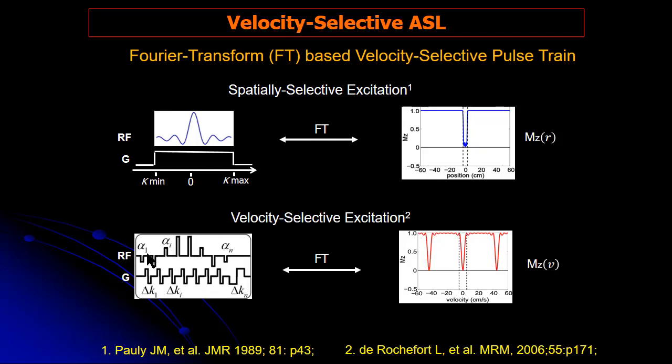The concept of velocity-selective excitation was proposed to digitize this sinc RF train and use bipolar gradients to encode the velocity k-space. There you can get a thin velocity-selective profile, but with aliasing sidebands because of the small number of digitization.